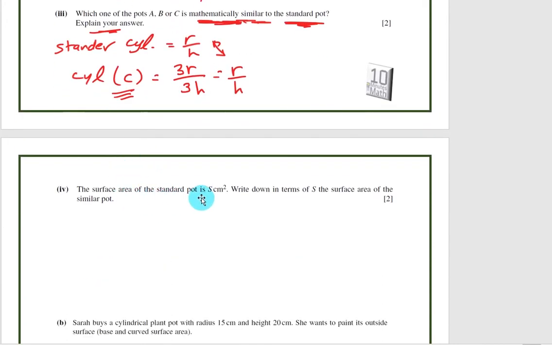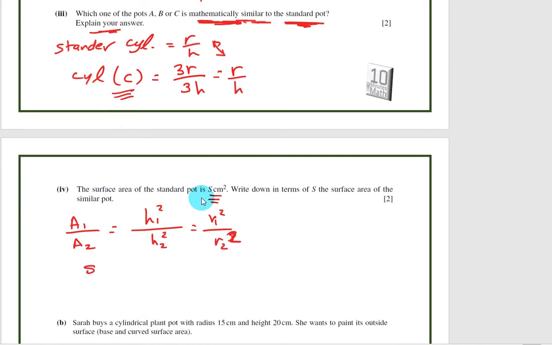Surface area of the standard plot is S. Write down in terms of S the surface area of the similar plot. The surface area is S, so area 1 divided by area 2 is equal to H1 squared divided by H2 squared, or R1 squared divided by R2 squared, whatever.